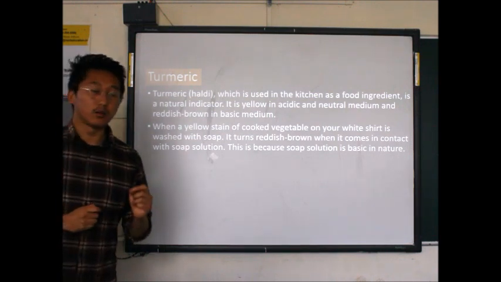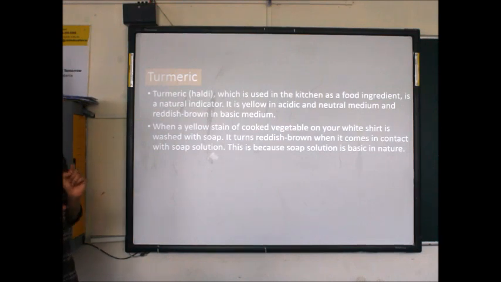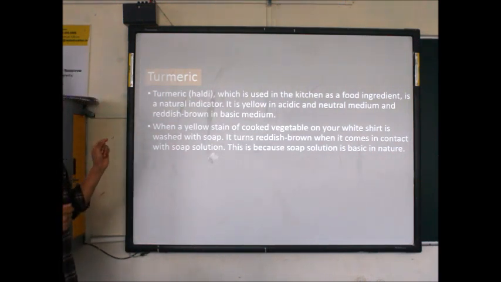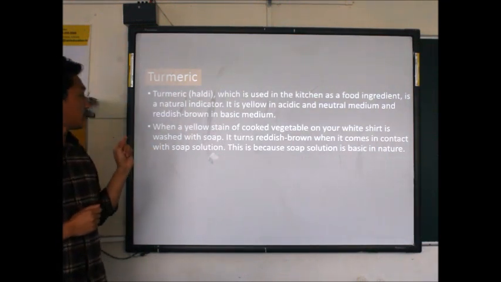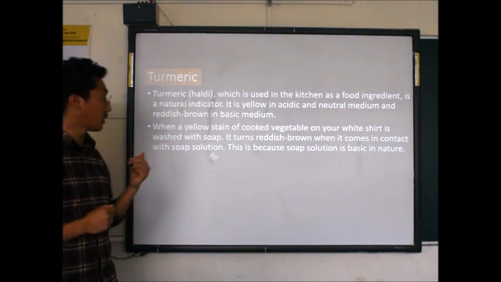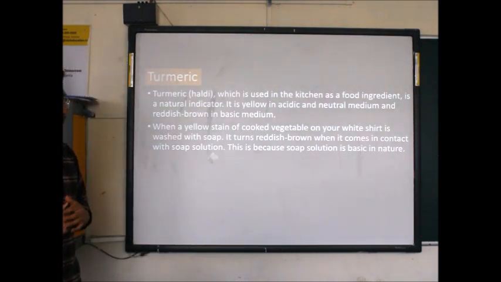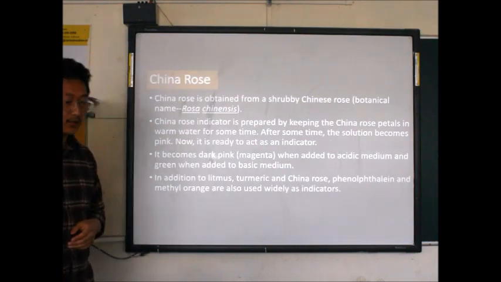This is because the soap solution is basic in nature, so it will convert the yellow stain of cooked vegetable into reddish brown color.